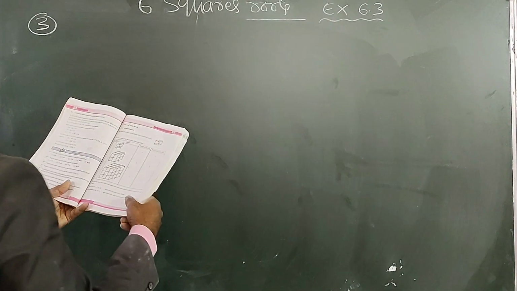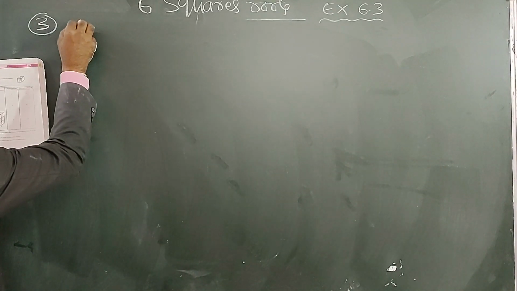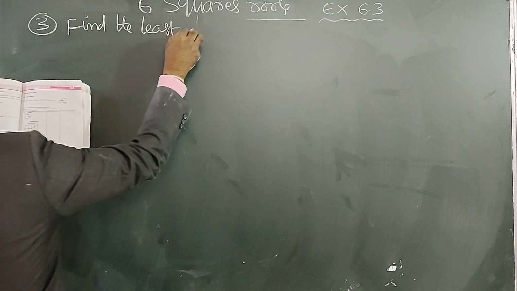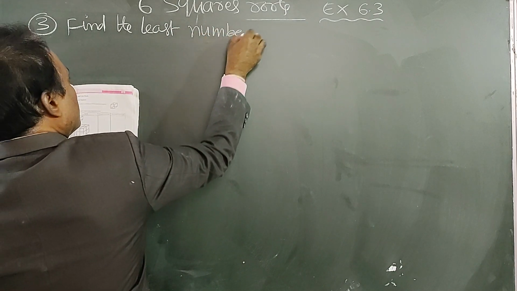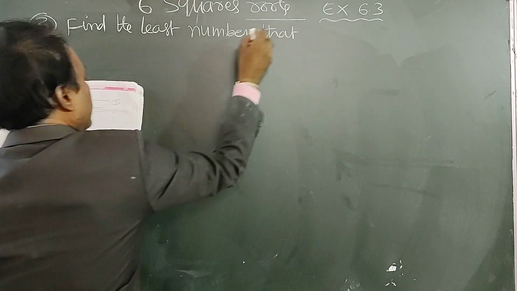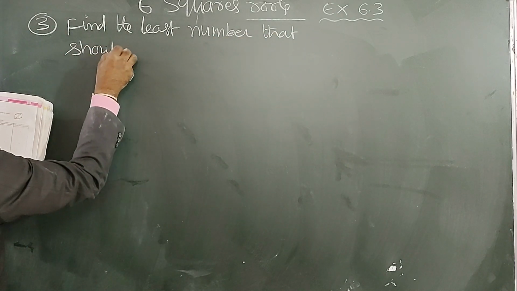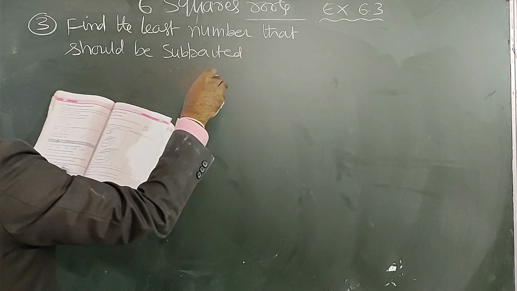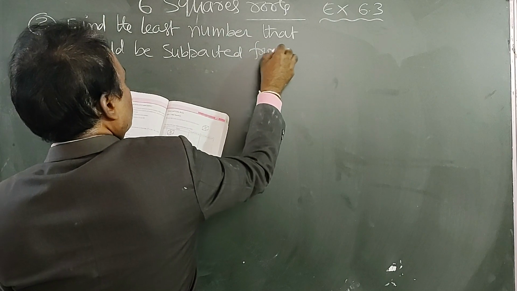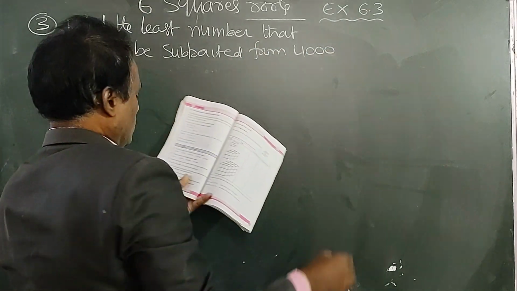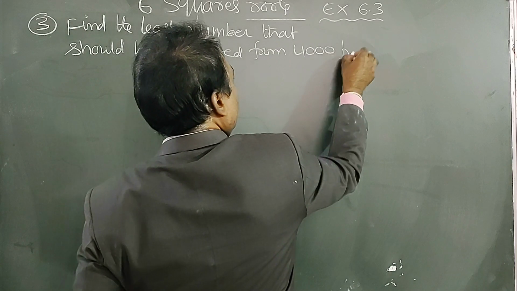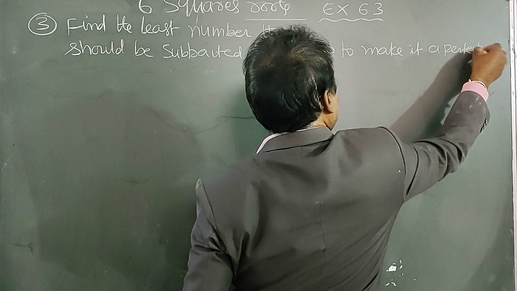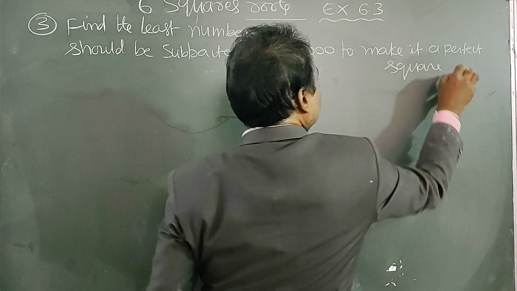Find the least number that should be subtracted from 4000 to make it a perfect square. To make it a perfect square.